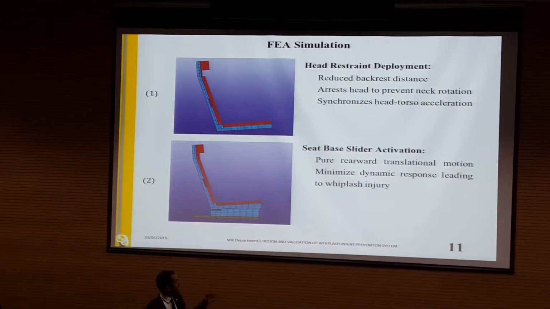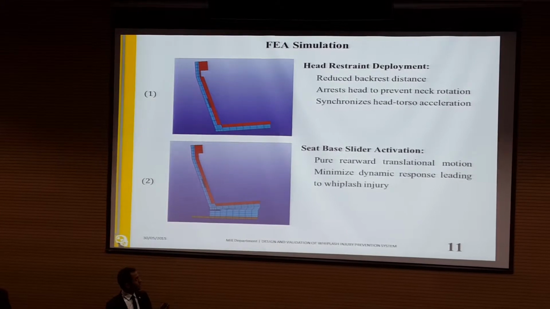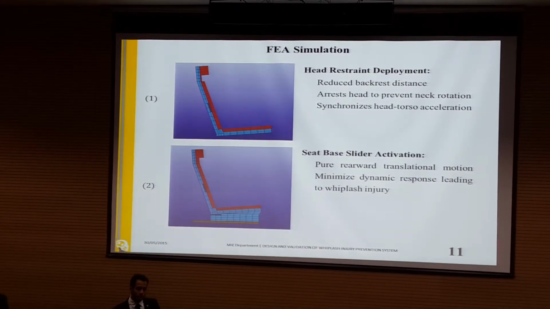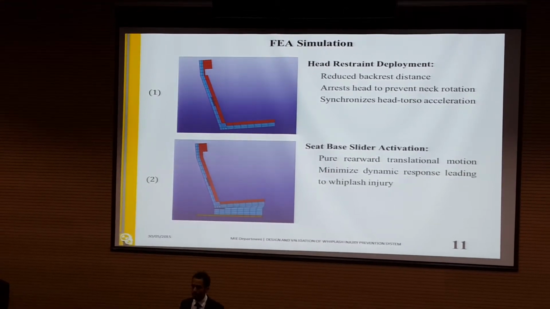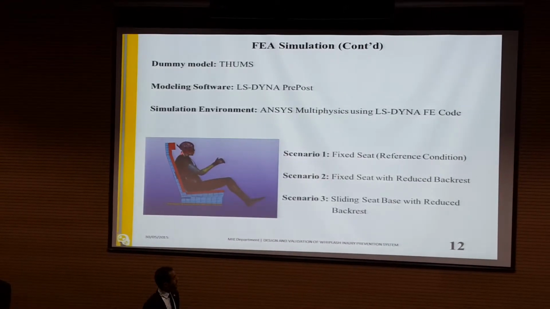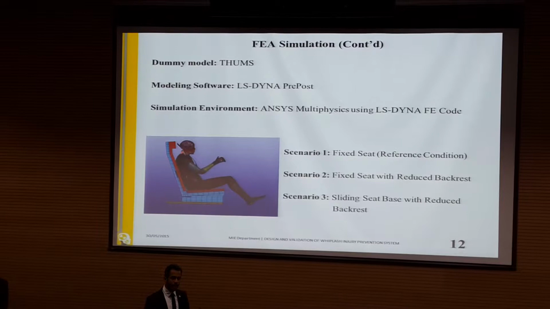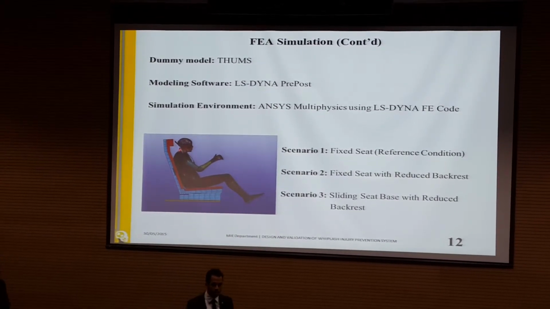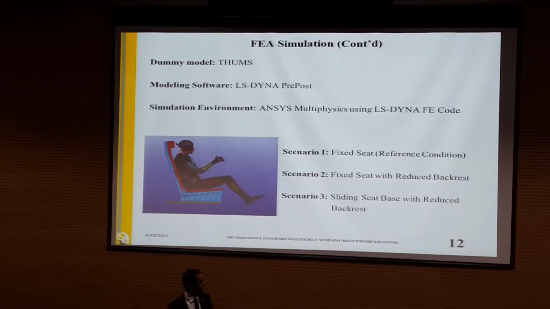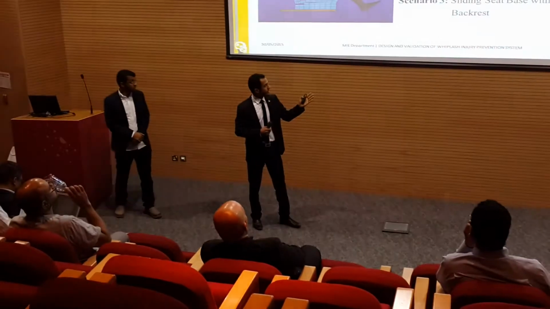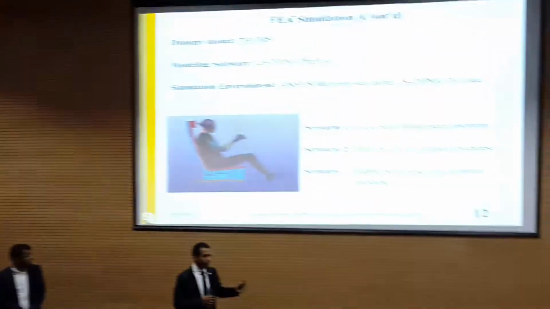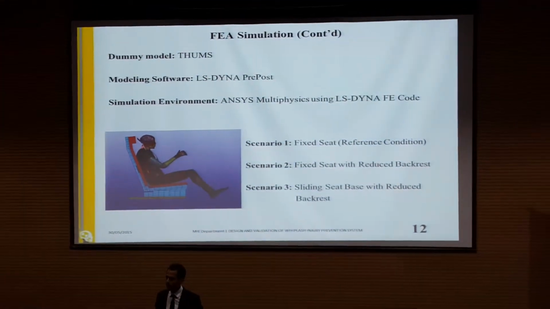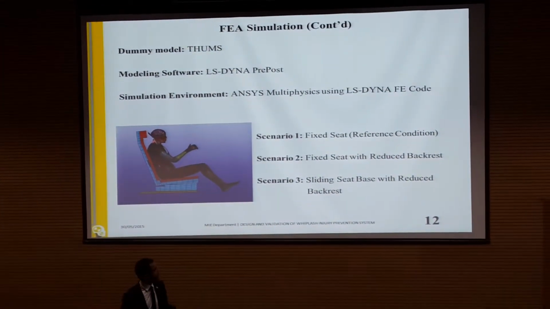In the second test, we test the seat-based sliding motion coupled with simultaneous deployment of the head restraint, again by reducing the backrest distance. To facilitate such tests, we had three scenarios. The first scenario is the fixed condition, the reference condition. In the second scenario, we simulate the reduced backrest distance. And in the third scenario, we activate the sliding motion coupled with the reduction in the backrest distance.